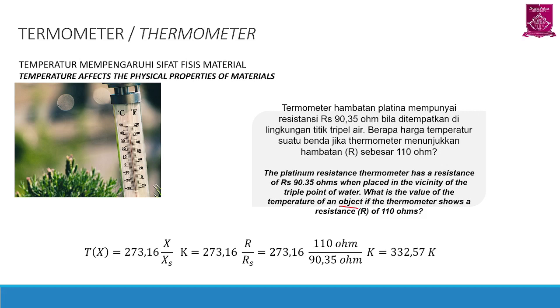So with the previous formula, because temperature is a function of the thermometric property X, and here we use resistance, we change the X with R. Now we substitute R with 110 ohms divided by RS, the resistance of platinum at the reference, 90.35 ohms.